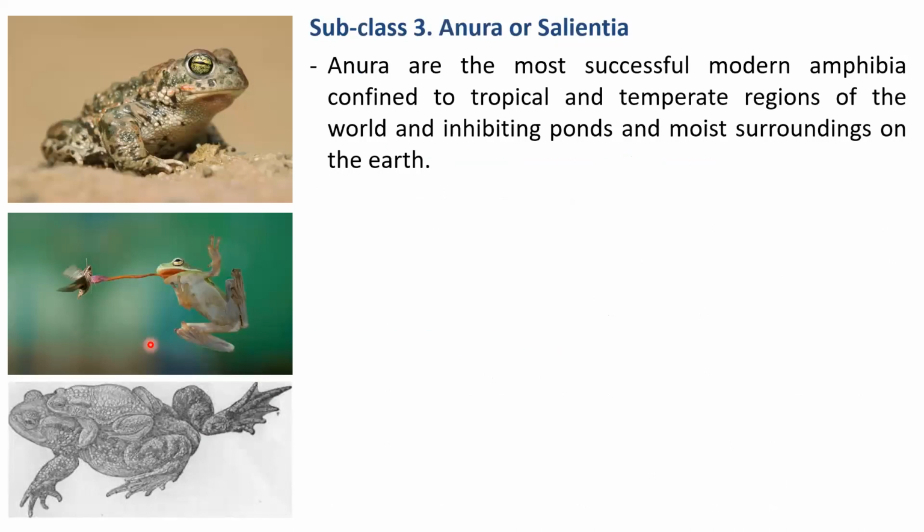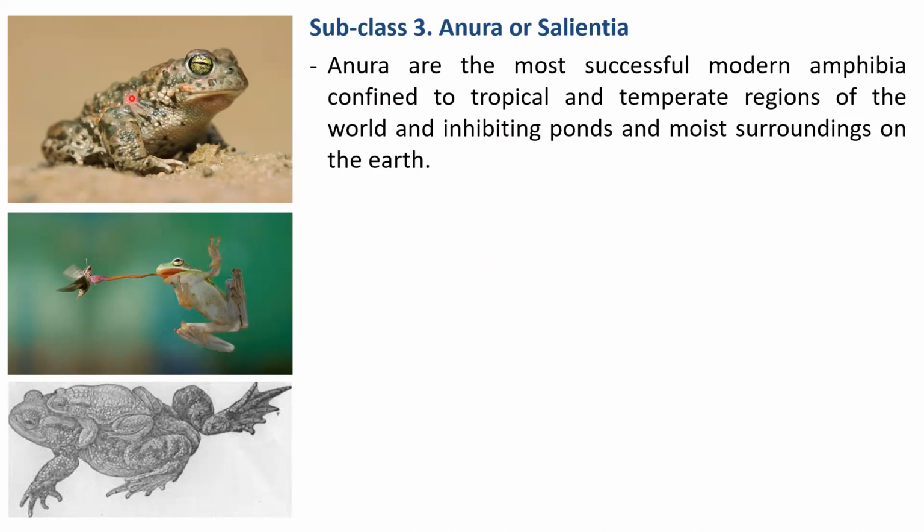Then the next one, that is subclass Anura. It is also called Salientia. The Anura are the most successful modern amphibians, confined to tropical and temperate regions of the world, and inhabiting ponds and moist surroundings on the earth. So Anura, you can see, are the most developed type of amphibian species.